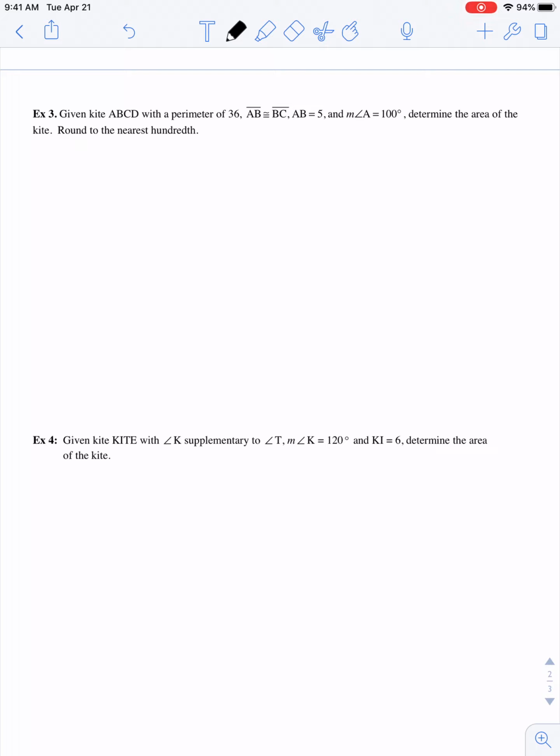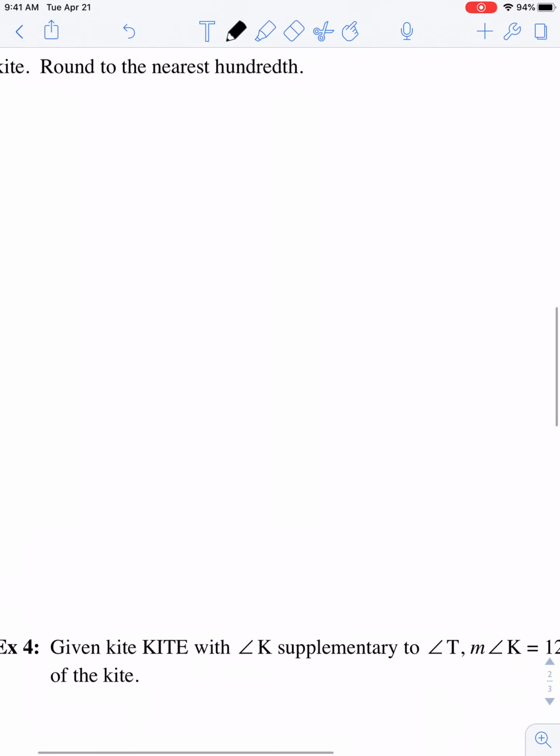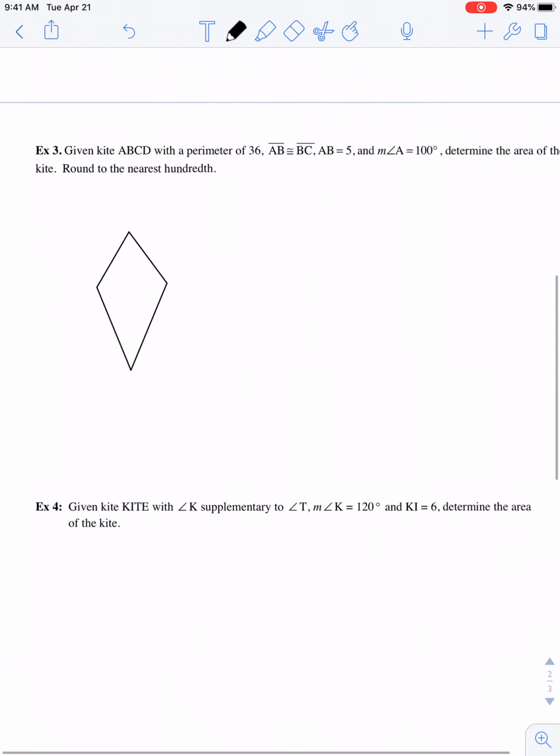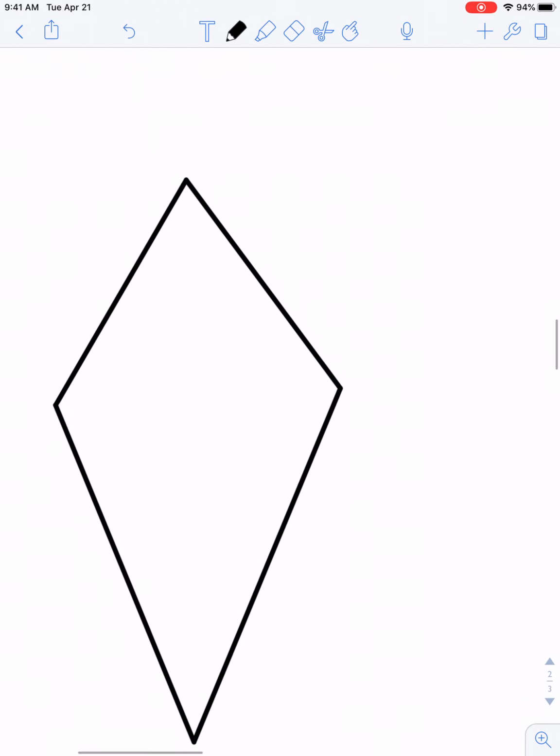So let's first draw our diagram. So we are going to go ahead and label it.